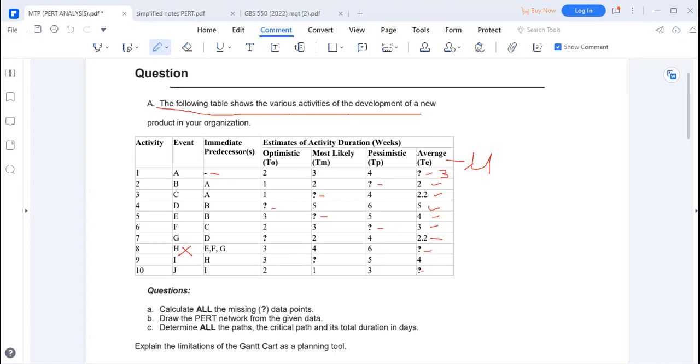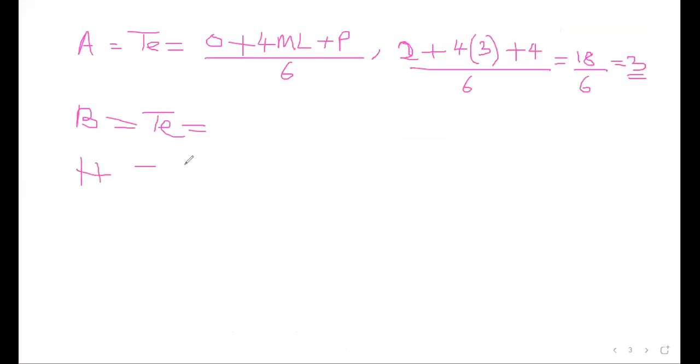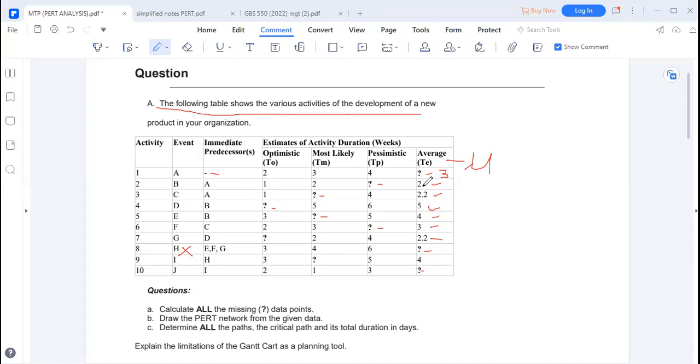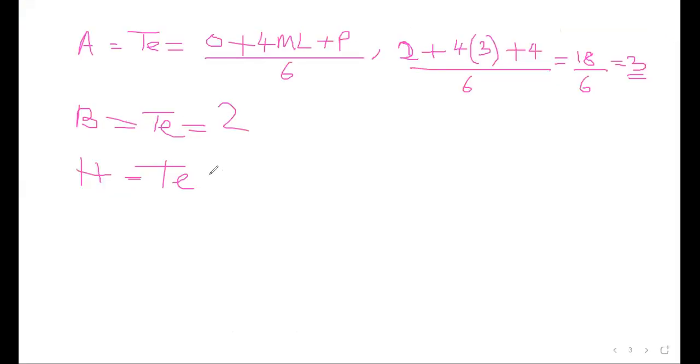So for H, using the same formula. Our time expected for B was already given, B was 2. Now we are going for H, which was not given.